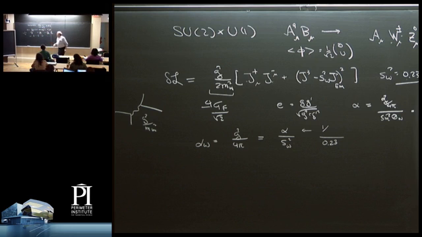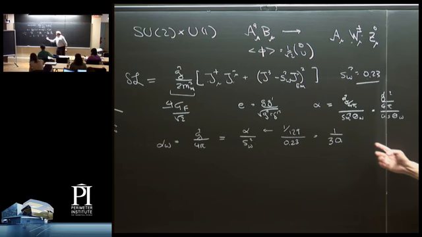So, yeah, the right number is 1 over 129. And now if you take this ratio, you get a number here which is something like 1 over 30. So it's still a very weak coupling. Certainly a factor of 3 weaker than the alphas that we've been talking about in QCD. It's not a minuscule coupling, but it's weak enough that perturbation theory is going to be a very good approximation.